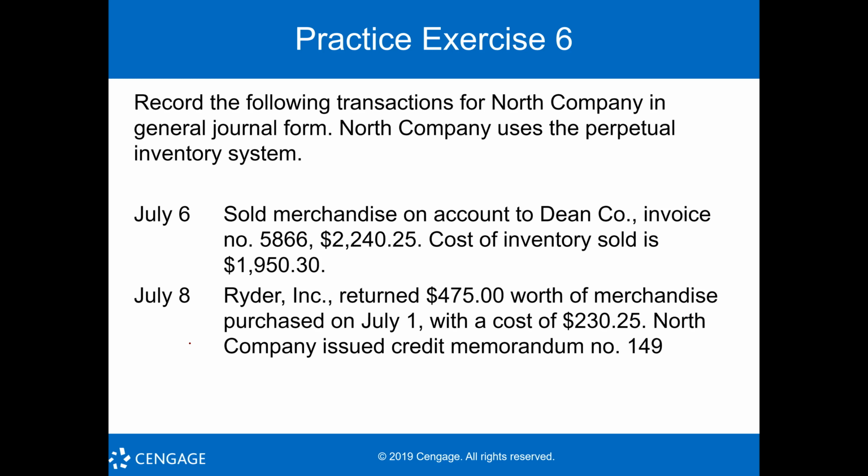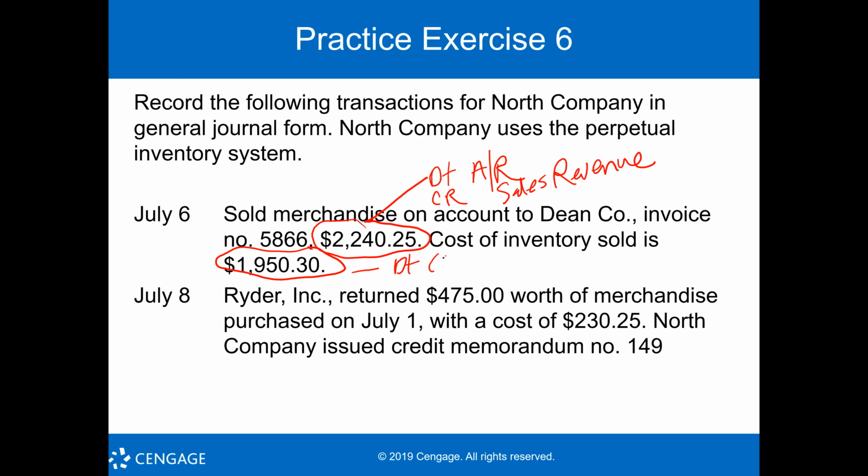So on this one, we're going to debit accounts receivable, credit sales revenue. And then for the cost of goods sold amount, we're going to debit cost of goods sold, credit merchandise inventory. That is what these are going to look like, and we'll see it on the next slide.